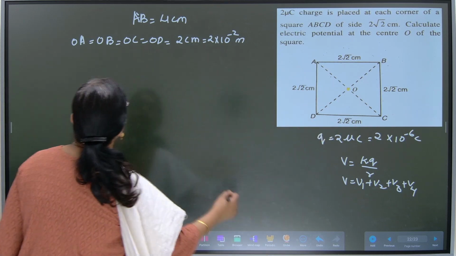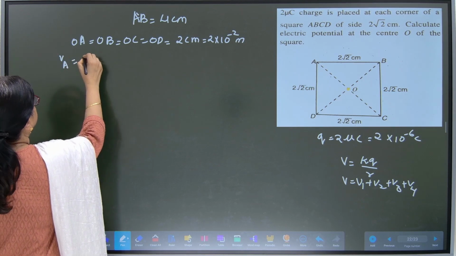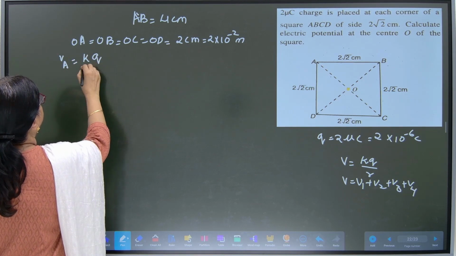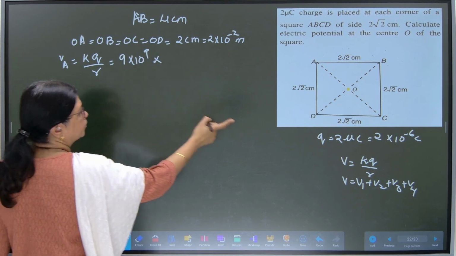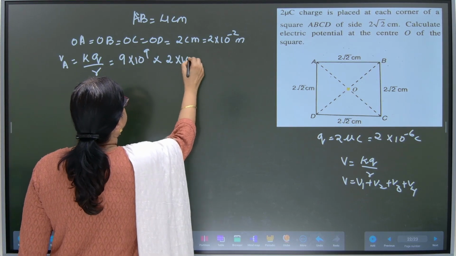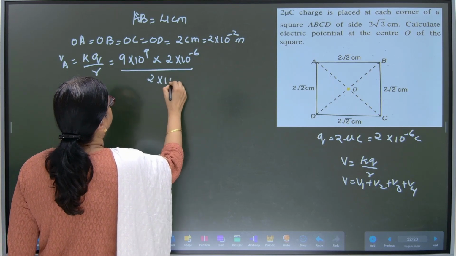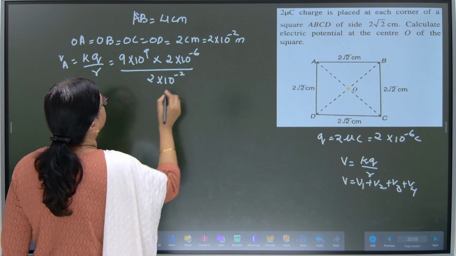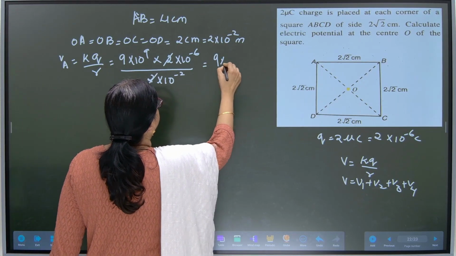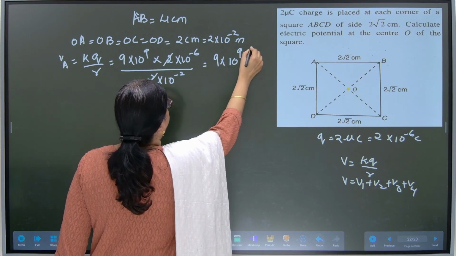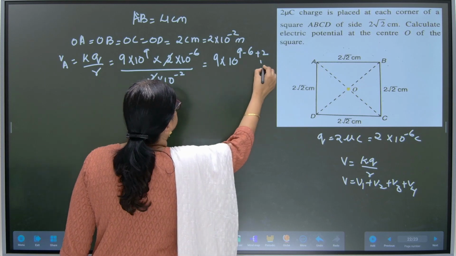Fine. Okay. So now let us calculate one of the charges, say VA. VA is equal to K Q upon R. What is K? 9 into 10 raised to 9. What is Q? 2 into 10 raised to minus 6, divided by R. What is R? 2 into 10 raised to minus 2 meters. Okay. So cancelling 2, we have 9 into 10 raised to 9 minus 6 plus 2, as it has gone up, volts.